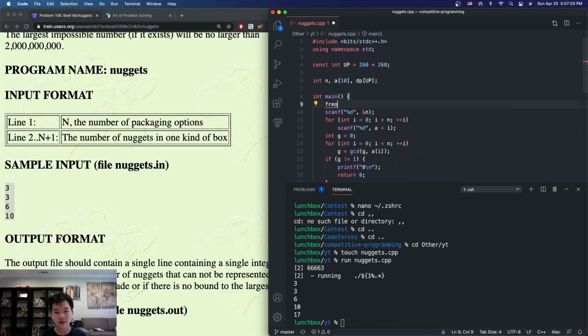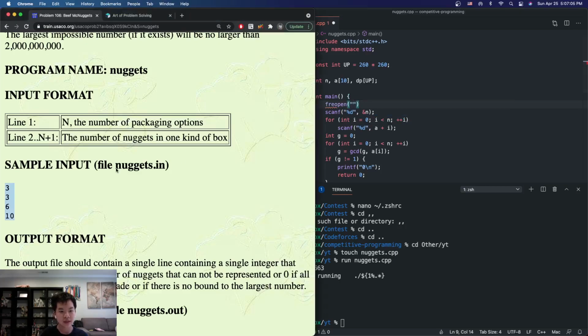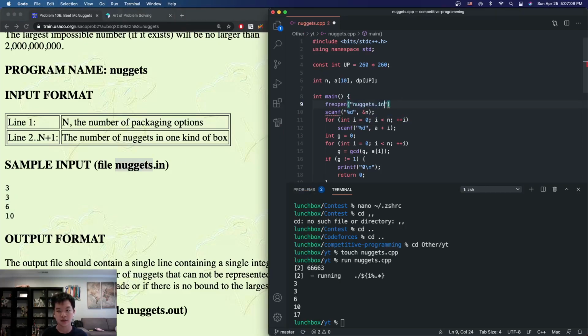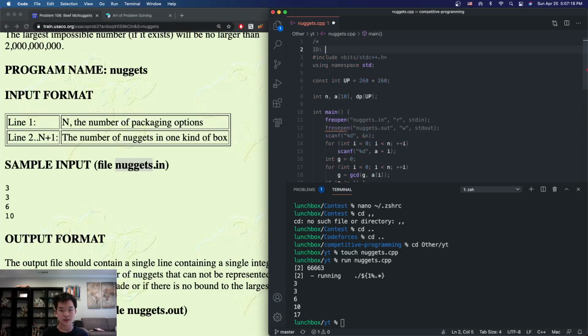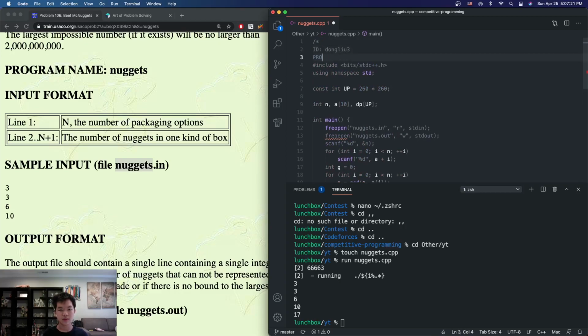Let's open nuggets. Nuggets to out, right? Let's CD over. All right, so this is nuggets.